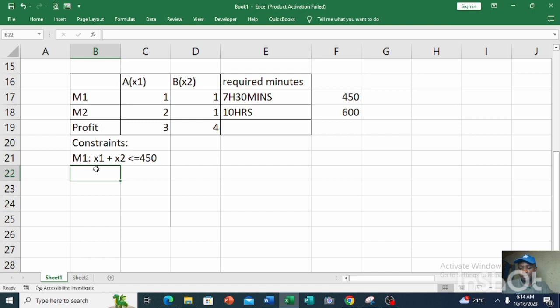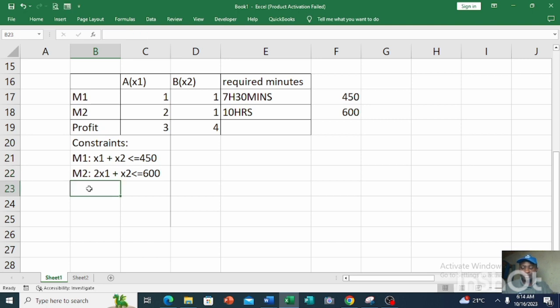Then machine M2, we are going to have 2x1 plus x2 should be less than or equal to 600 minutes. So these are the two constraints.